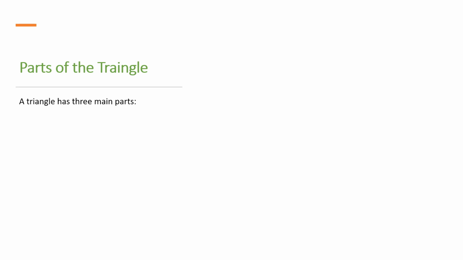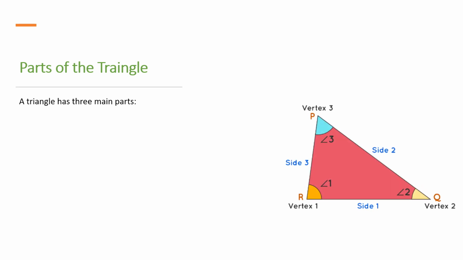We can say a triangle has mainly three parts. Look at the image. First, it has vertices. P is a vertex, R is a vertex, and Q is a vertex. Vertices is the plural, vertex is the singular. So it has vertex 1, vertex 2, and vertex 3, totally 3 vertices.